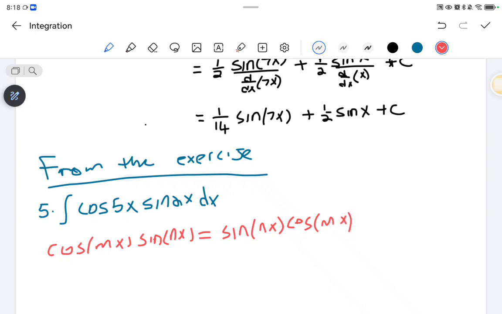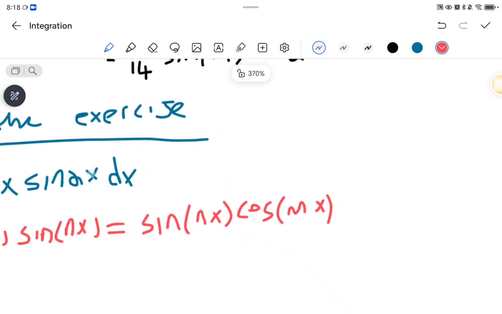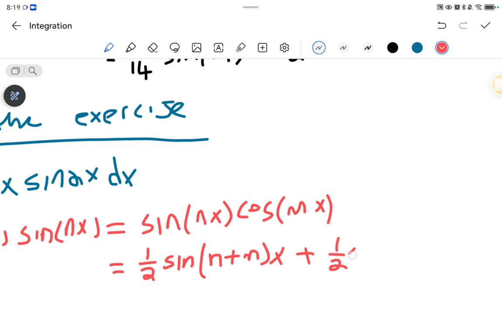I just have to interchange that. Just have to swap those, because the property that I know is based on this that we know. So this will be equal to 1 over 2 sine of n plus m. This time n comes first. x, then plus 1 over 2 sine of n minus m x.